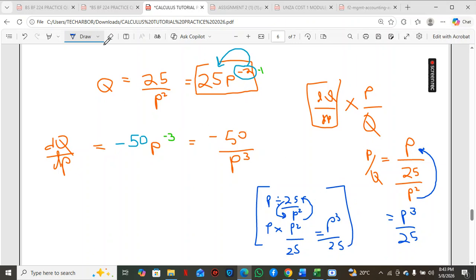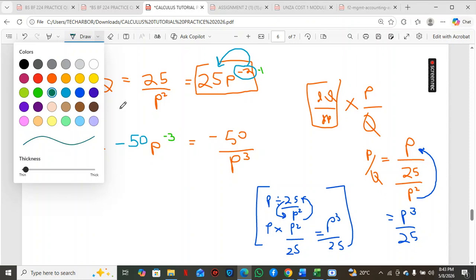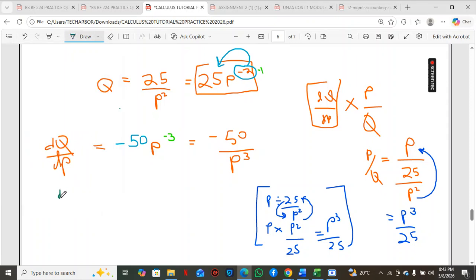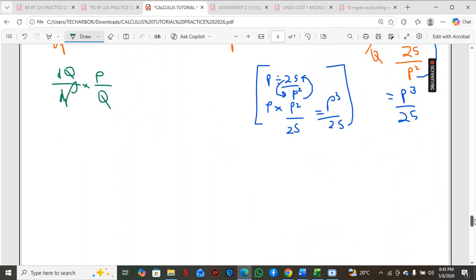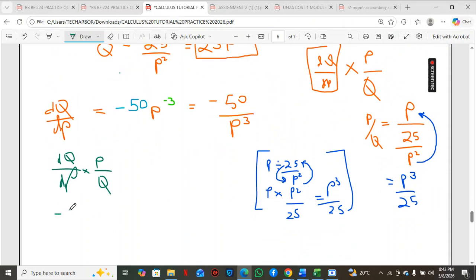All right. So now we solve. Since we said point elasticity is dQ over dP multiplied by P over Q. So dQ/dP is negative 50 over P cubed, multiplied by P over Q, which we simplified to P cubed over 25.